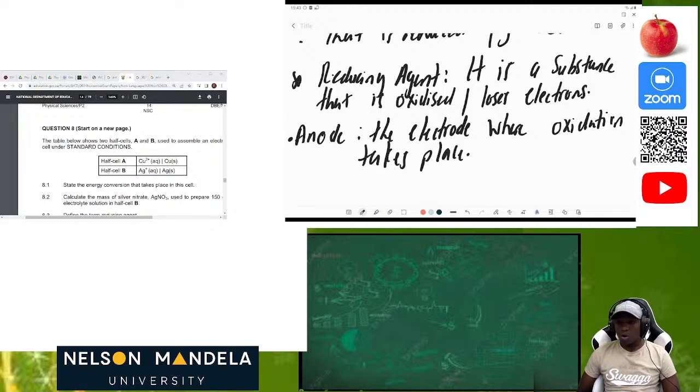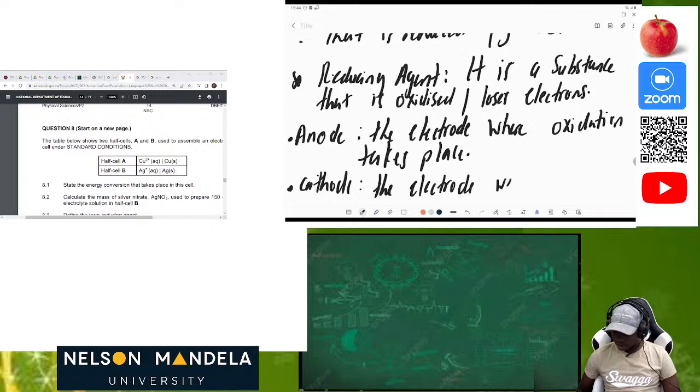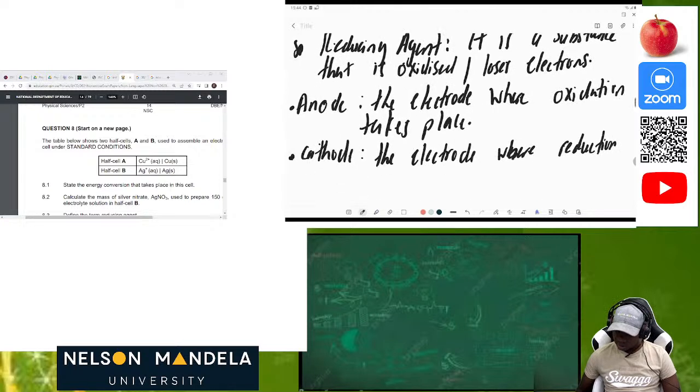Okay, so oxidation takes place on the anode, right? So what is a cathode now? A cathode is the opposite of an anode, which means it is the electrode where reduction takes place.